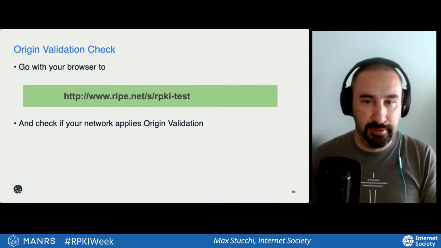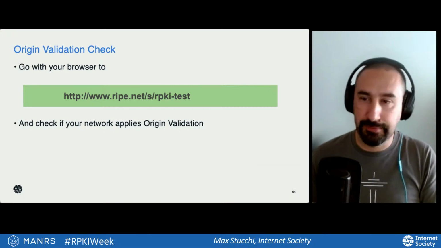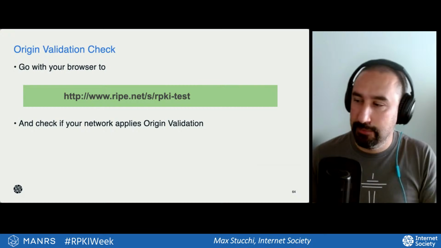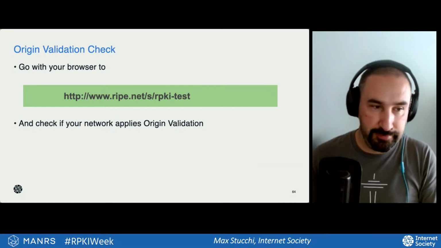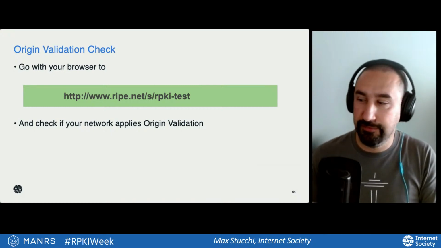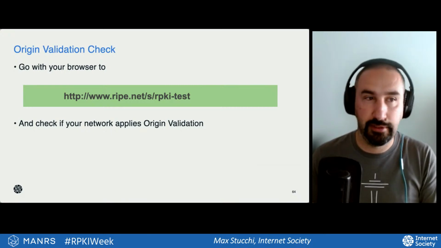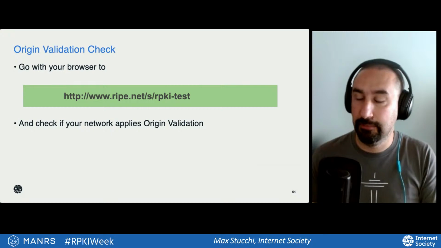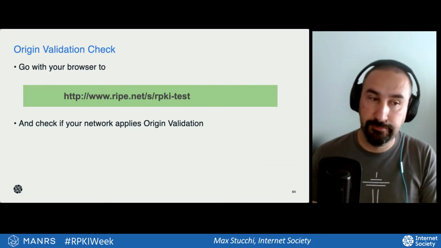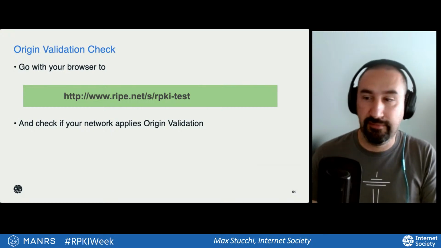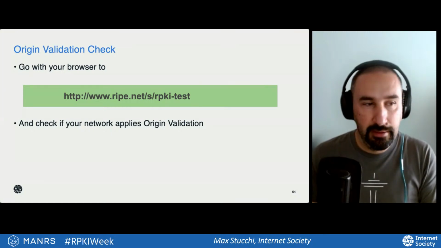So you have a browser, you open a website, and then via JavaScript, the system tries to fetch two different small images, one from a network that's fully validated and one from a network that is invalid.